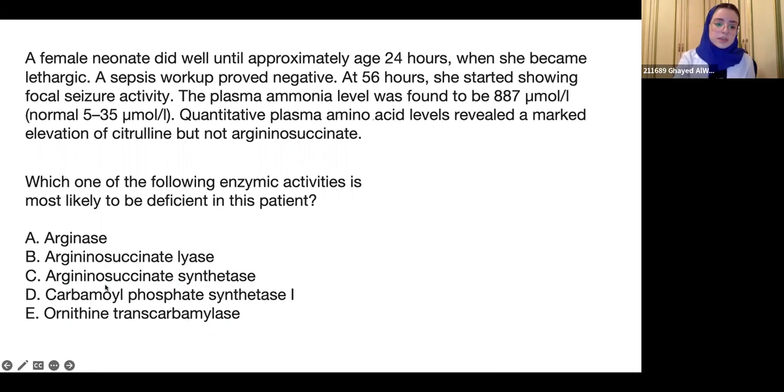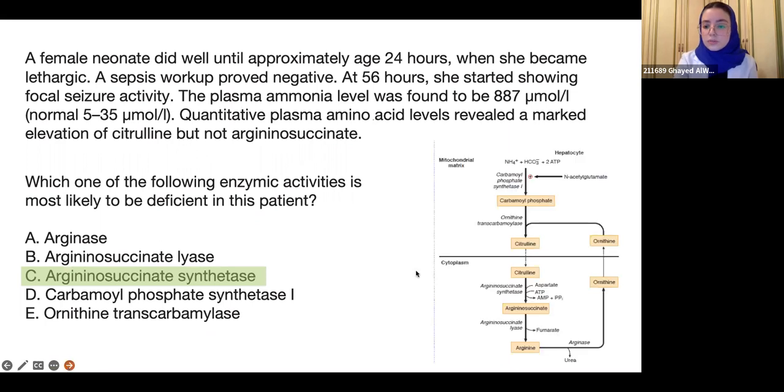So why? Because if we don't have the enzyme that synthesizes argininosuccinate, then we won't have argininosuccinate, so its levels won't be elevated. And the marked elevation of citrulline also makes sense, because if you see the pathway over here, argininosuccinate synthetase is deficient, right?